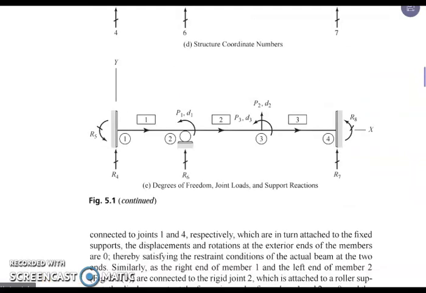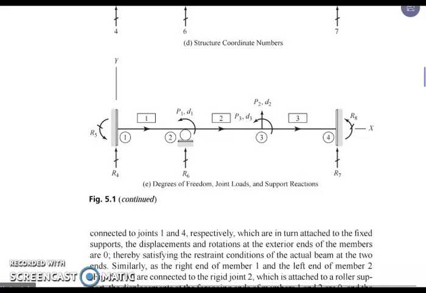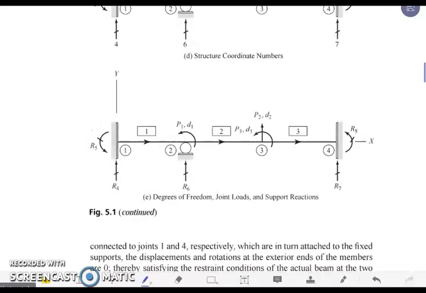reaction vectors are denoted by R. So if we're going to identify the reaction vectors, there will be 5 reaction vectors because as we have identified in our previous discussion, the number of reaction vectors is equivalent to the number of restraint coordinates.